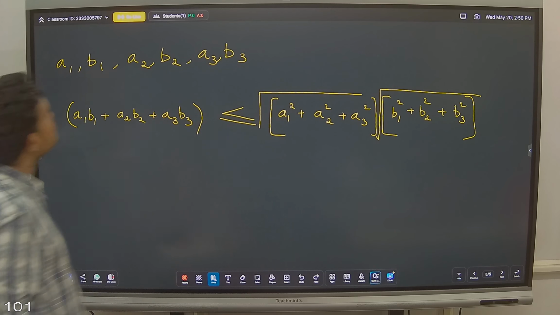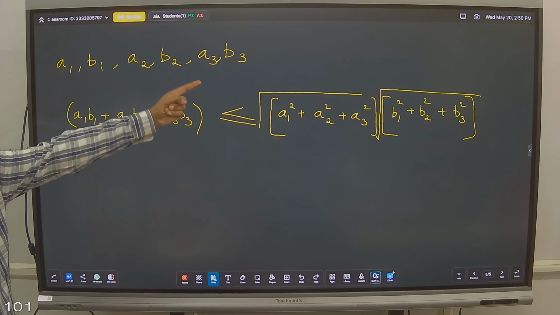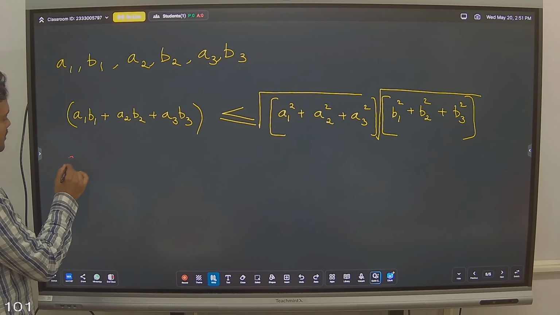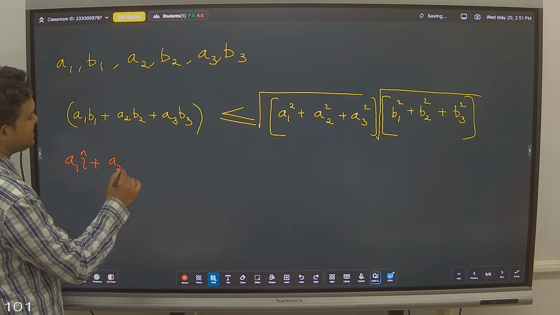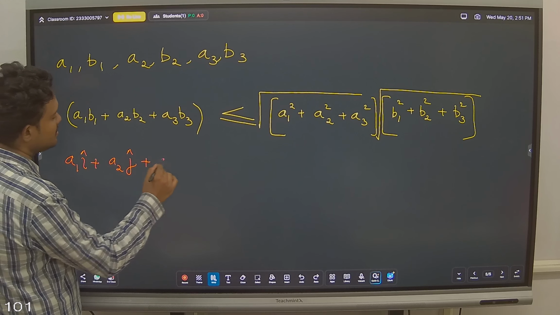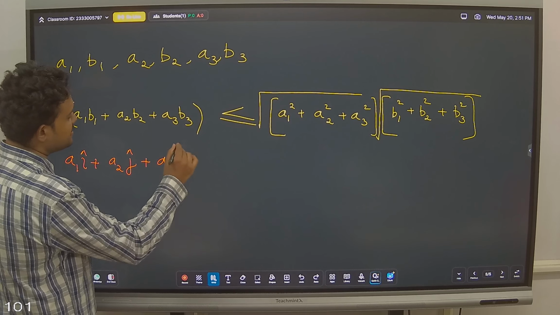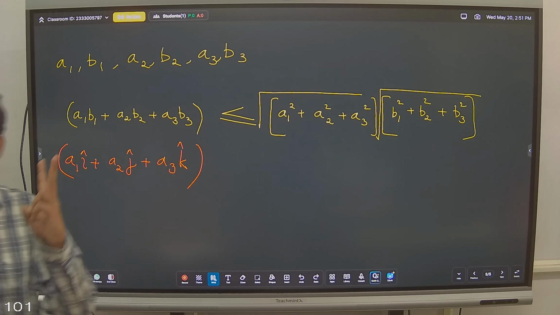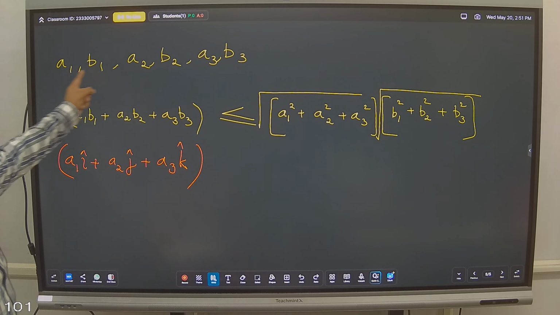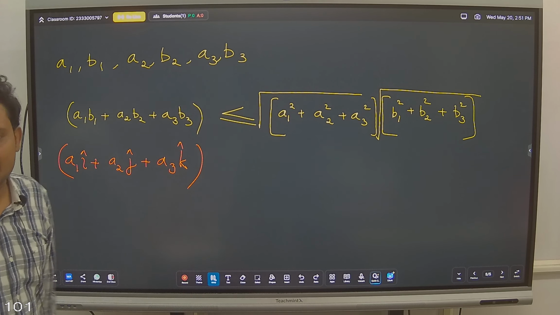So we take these numbers like this. Remember, a1, b1, a2, b2, a3, b3 are real numbers.